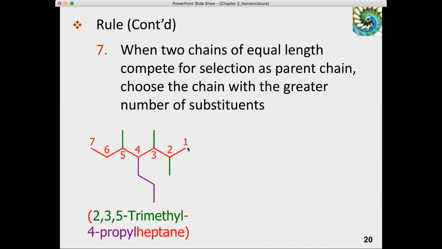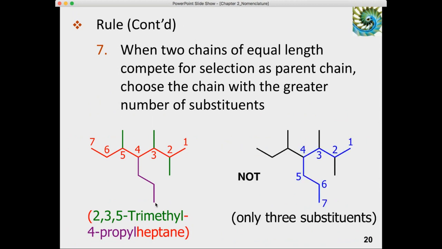This carbon chain has 7. 1, 2, 3, 4, 5, 6, 7. This carbon chain also has 7. So we have 2 carbon chains with 7 carbons, and we need to make a decision on which one would be the parent carbon chain. The criterion is the one having more substituents attached to it.